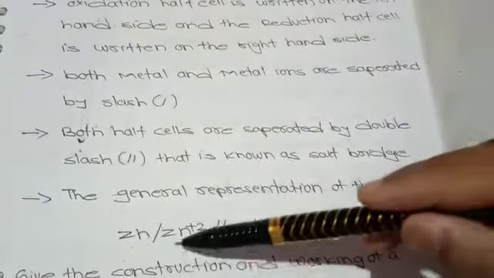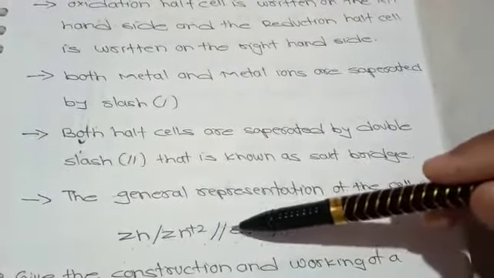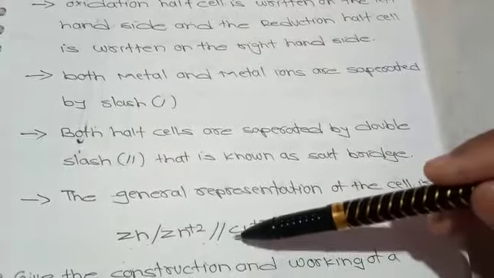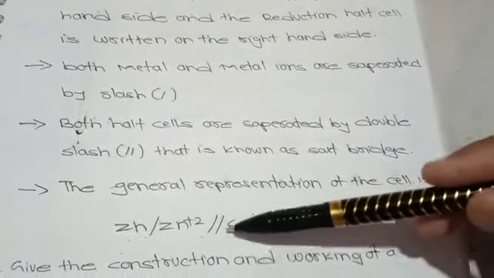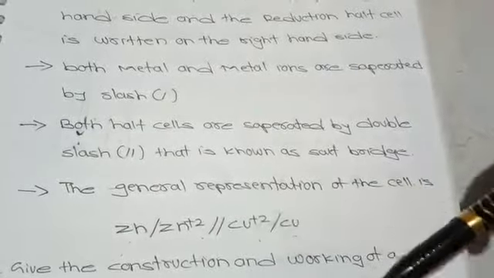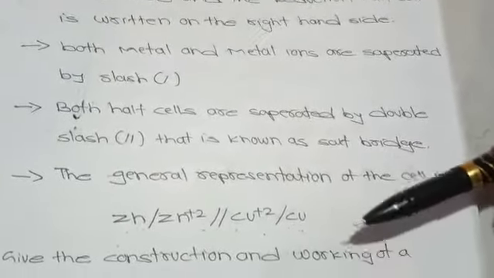So the general representation of the cell is this one, right? This is how we are going to represent the electrochemical reaction. Is it clear?